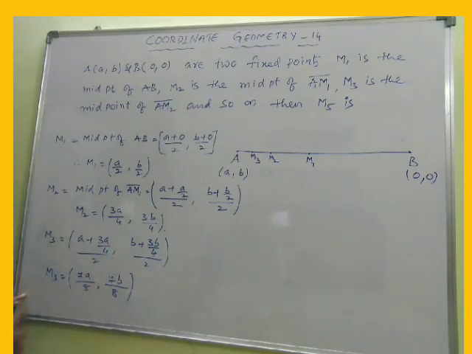So you just observe the sequence: if denominator is 2, then the coefficient is 1. If denominator is 4, then the coefficient is 4 minus 1, 3. Similarly, if the denominator is 8, then this is 7.